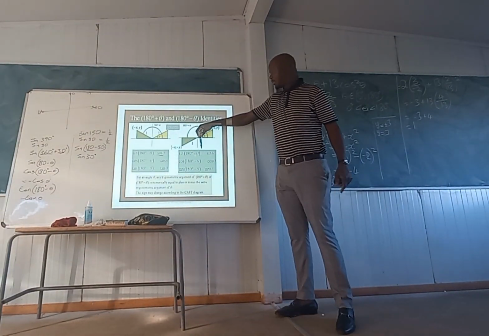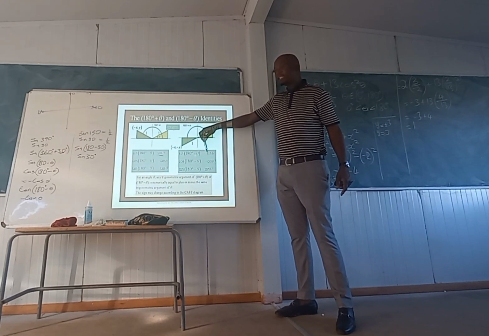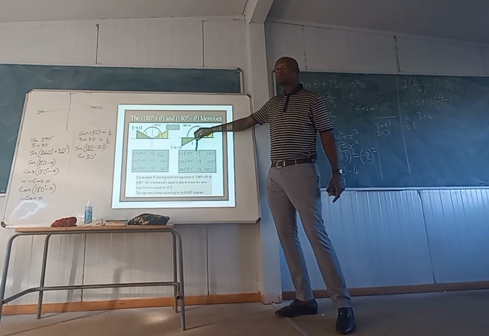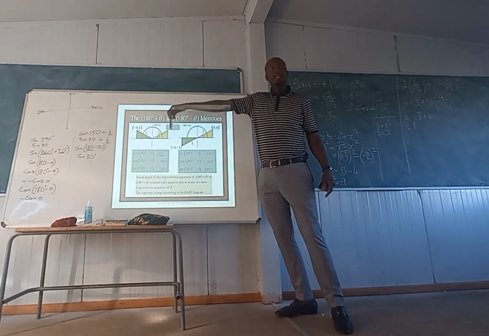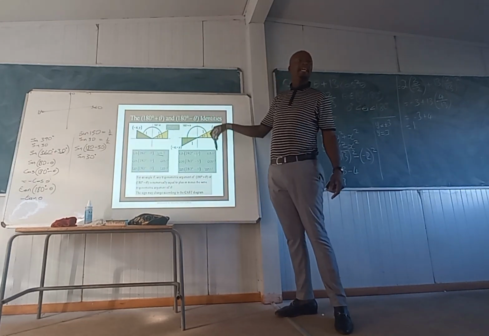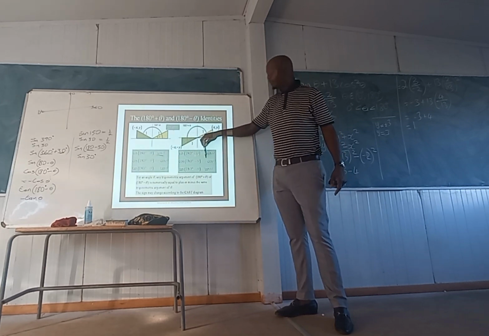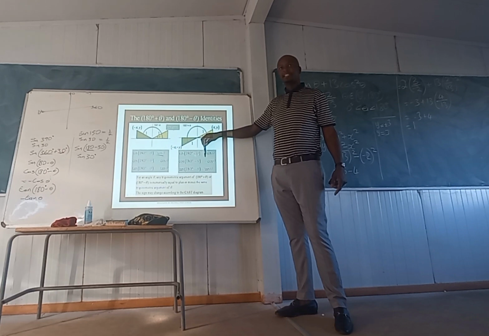The same applies to the plus. Sine of 180 plus theta is negative sine theta. Why? Because 180 plus is in the third quadrant, and in the third quadrant sine is negative. What about cos 180 plus theta?